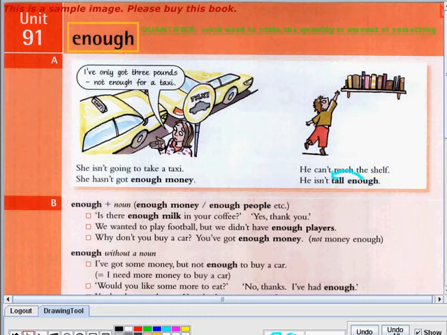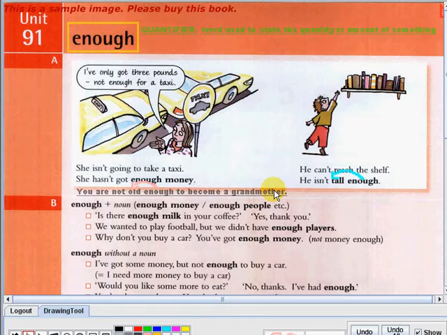Now, let's have more sample sentences wherein the word enough modifies an adjective or an adverb. Let's make sentences. Let's all together read the sample sentence that I made. You are not old enough to become a grandmother.